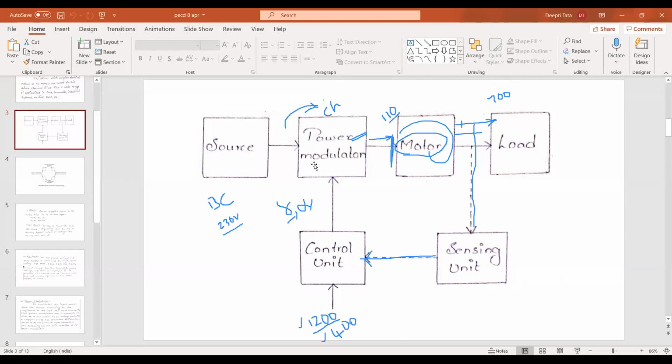That means if the firing angle is increased gradually, or the duty cycle is increased gradually, the output voltage is decreased. That means the input voltage for the motor is decreased and the motor output voltage is decreased. So the drive speed is also going to be decreased. Is it right or not? Yes, ma'am. So gradually the speed of the electrical drive is going to be decreased until the speed of 400 is reached. So this is the basic operation, how the drive is going to be operated.